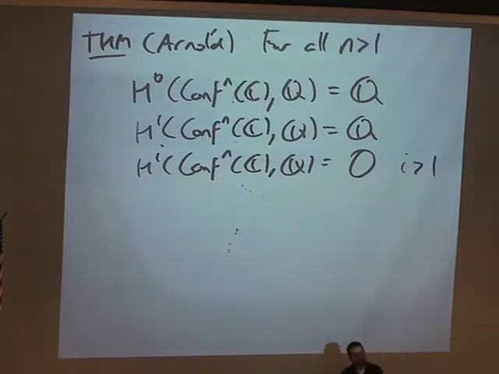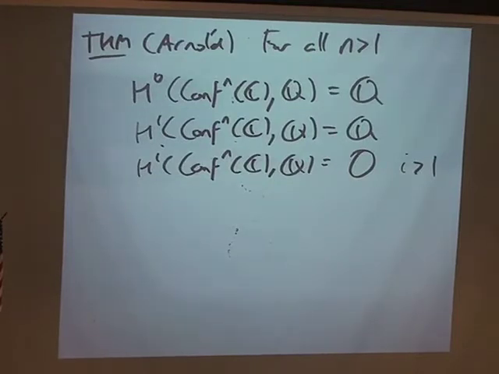So this is a spur down a highway that I won't take. This is an example of the phenomenon of homological stability, which is an absolutely huge area in contemporary algebraic topology. This theorem is about where it starts, with work of Arnold and work of Graeme Segal in the 70s.